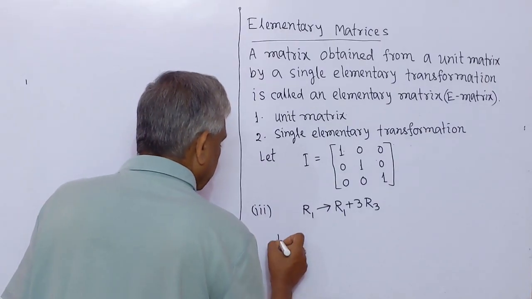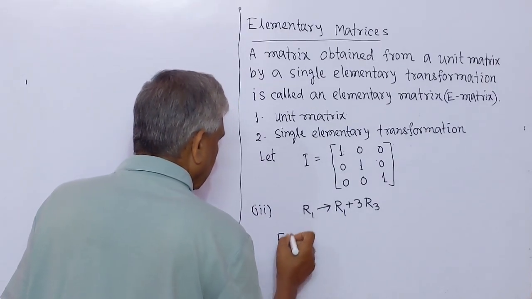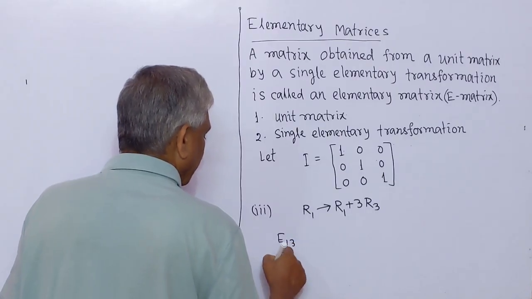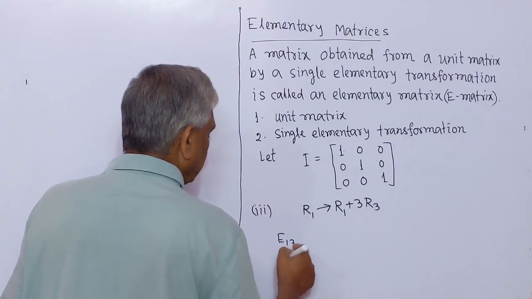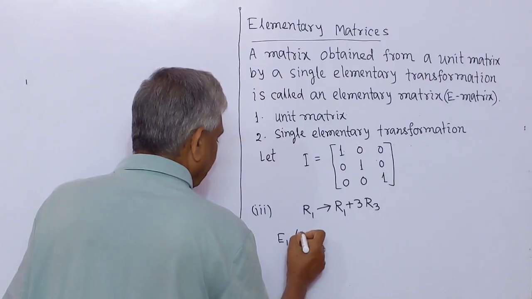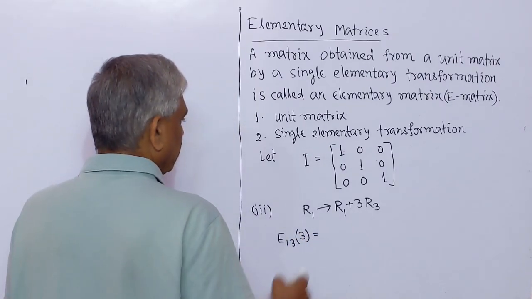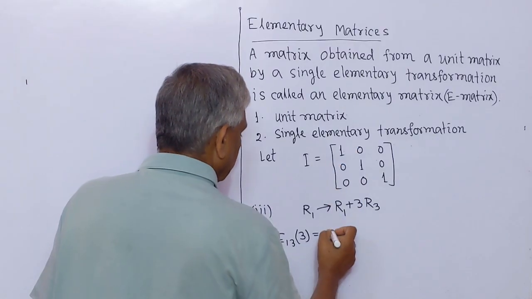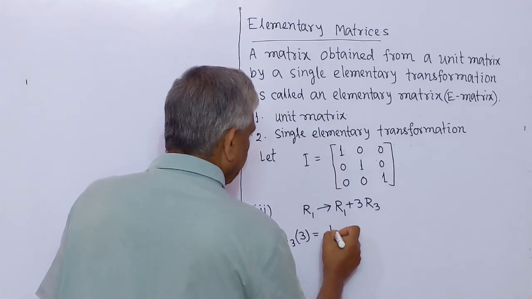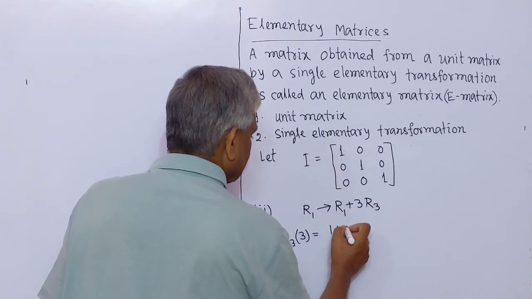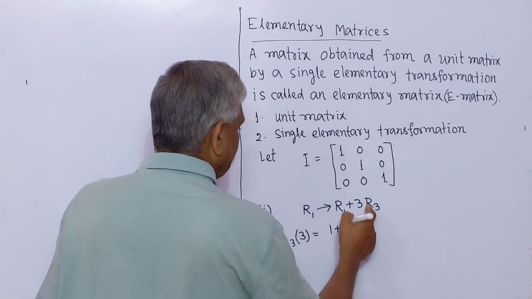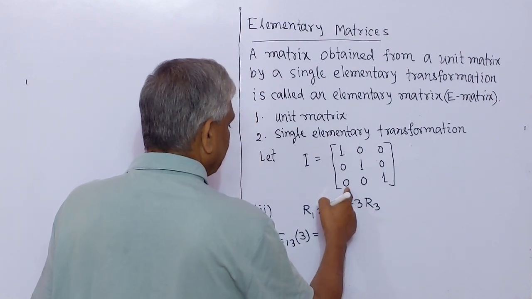We denote this by E13 (first row, third row) and multiply by 3. In the place of the first row, we add: 1 plus 3 multiplied by the corresponding element in the third row, 0.